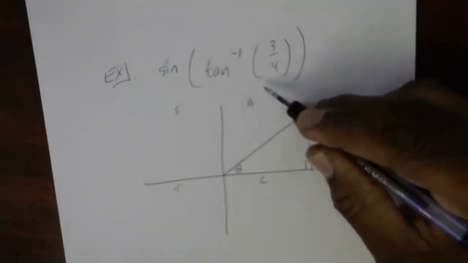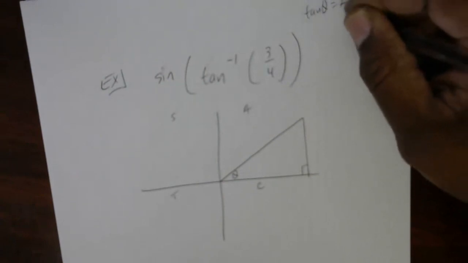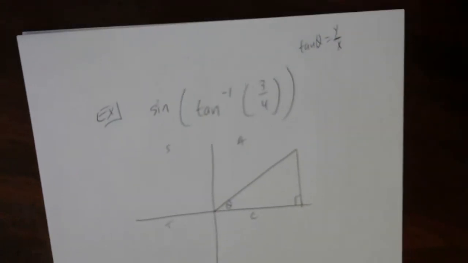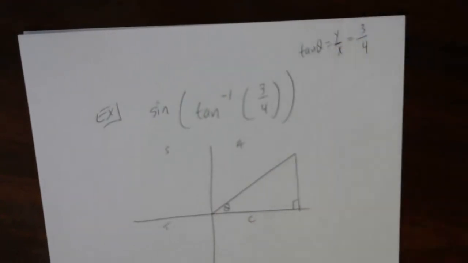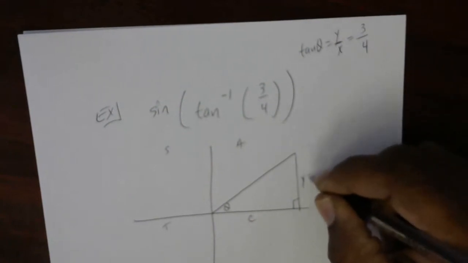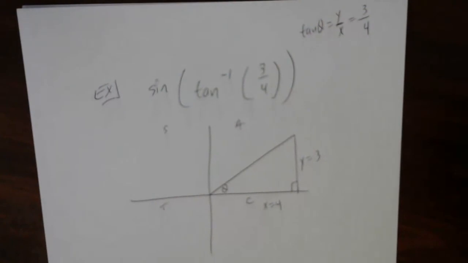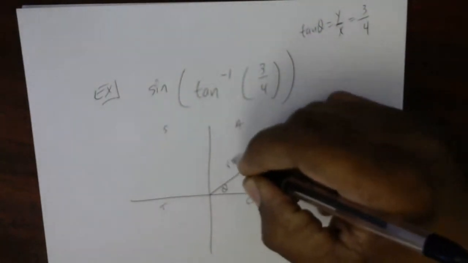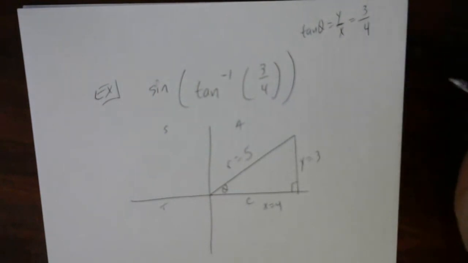We're given the tangent as y over x. So our y coordinate is 3, our x coordinate is 4. And if we were to find r, it should equal 5.